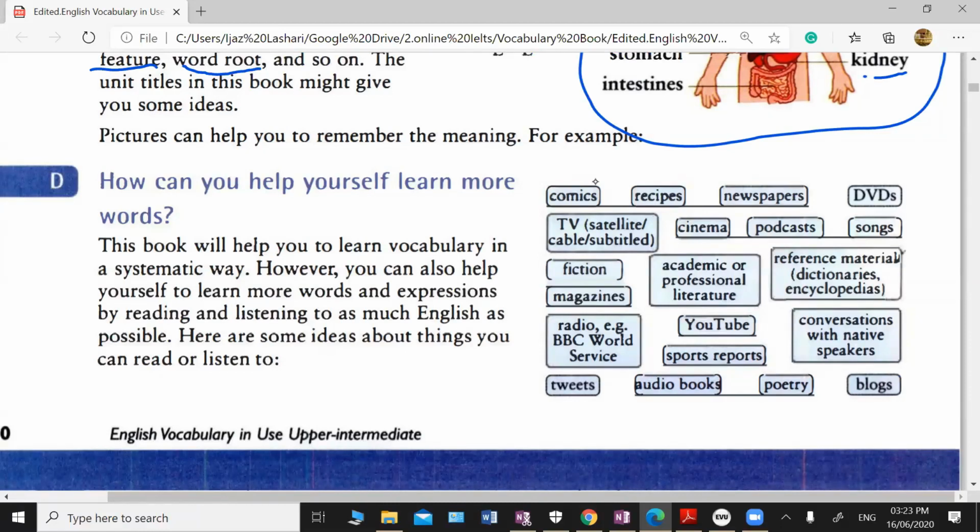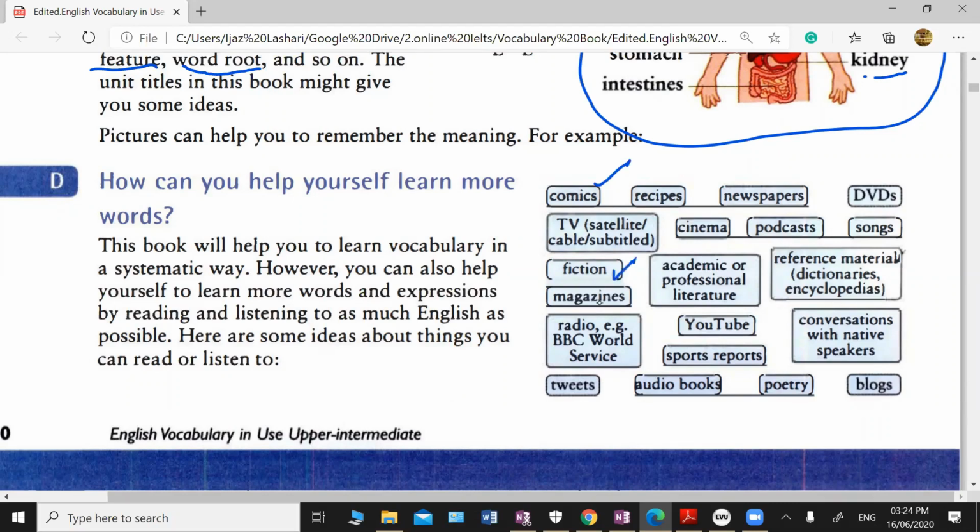For example, you can read comics, some jokes, and there are certain books you can read online. You can buy a book and read, and if you love jokes and comics, you can read comics. You can watch TV channels and improve your language.